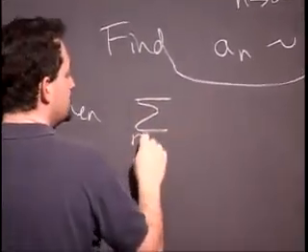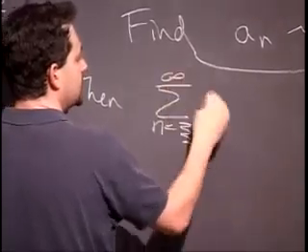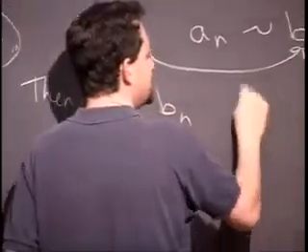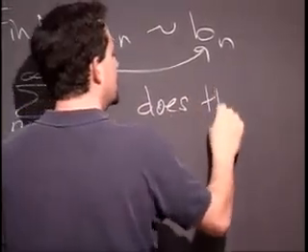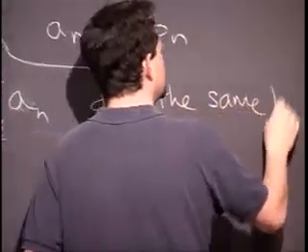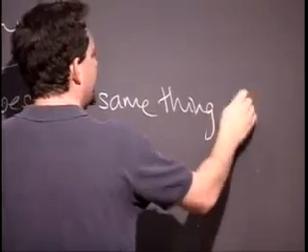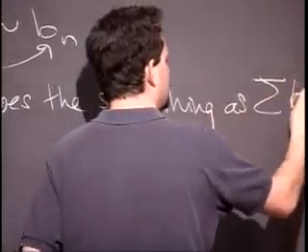Then the sum of a_n does the same thing as the sum of b_n.